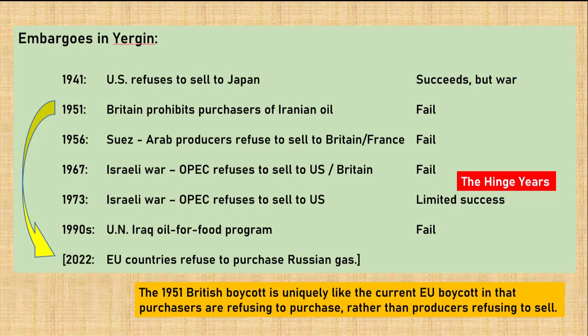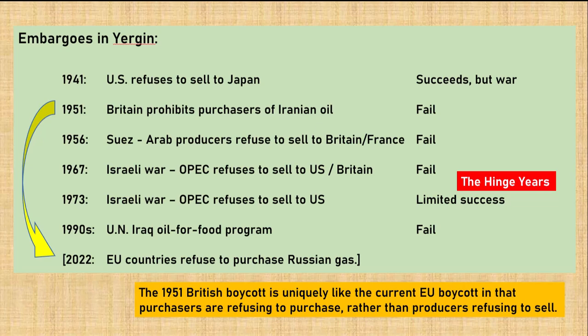Now, the 1973 OPEC embargo is the one exception here, and you can say OPEC succeeded at least with the limited goal or the limited impact of absolutely crippling the Western economies, right? So to that extent, it was devastating, but it did not succeed in preventing the Israelis from winning the October War, and it certainly didn't prevent the Israelis from invading again in Lebanon in the 1980s, et cetera, et cetera.